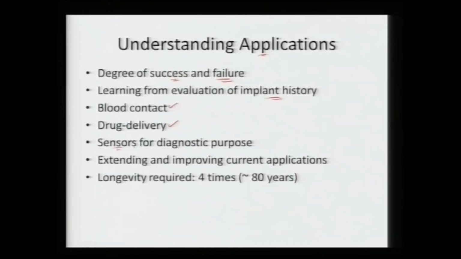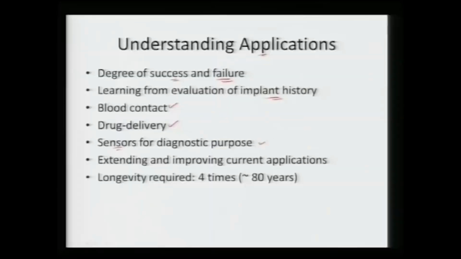In certain situations, it becomes essential that we can extract some data or get some diagnostic from a particular blood sample. So we can also have certain sensors which can sense the glucose level, the drug release, or any chemical composition of a particular area. That is required for the sensor application.